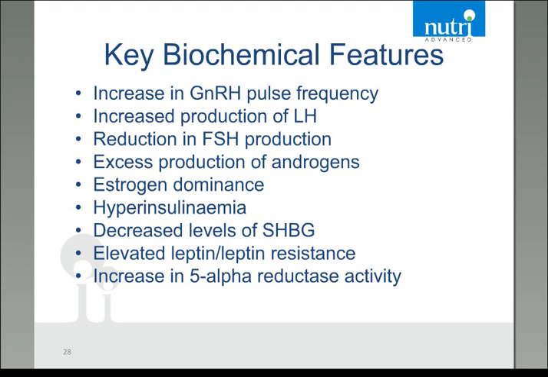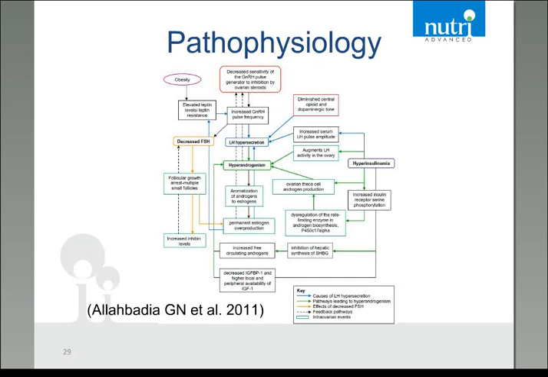Elevated leptin and leptin resistance, so they're not listening to those signals of full and empty, and therefore they're more likely to end up with increased body weight and increased 5-alpha reductase activity.